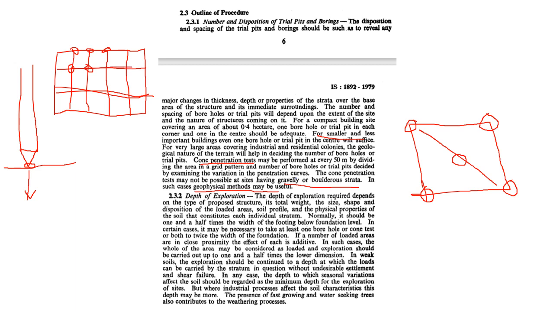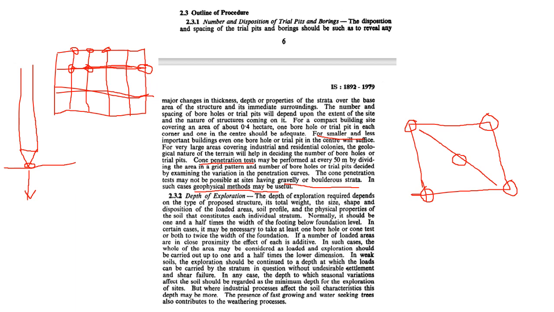Increase the spacing and take it at some other point where you observe the variation. Like for example, you can take here and here, where you have experienced a variation in the cone resistance values. Likewise only you can fix the spacing between boreholes.